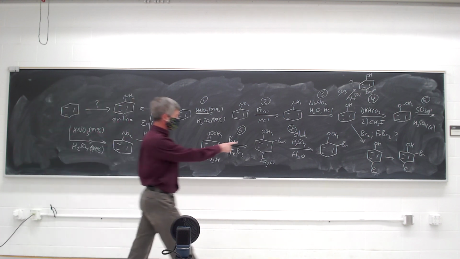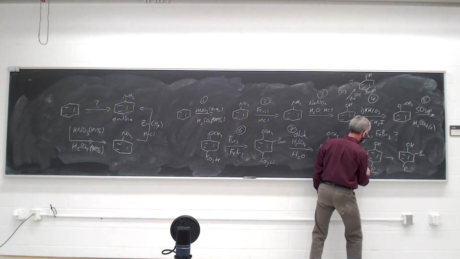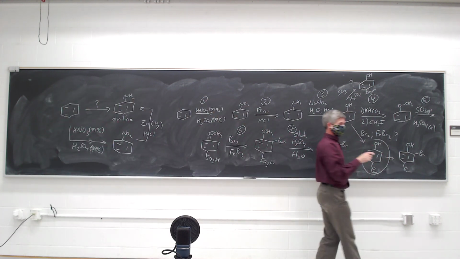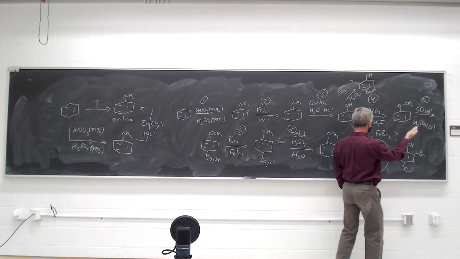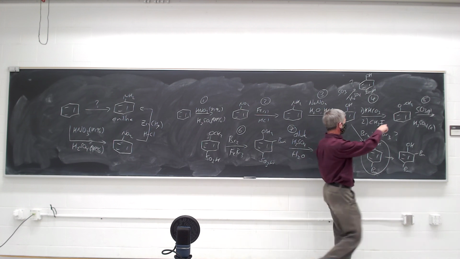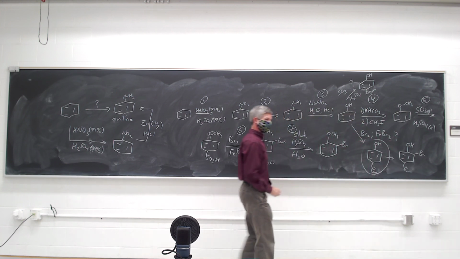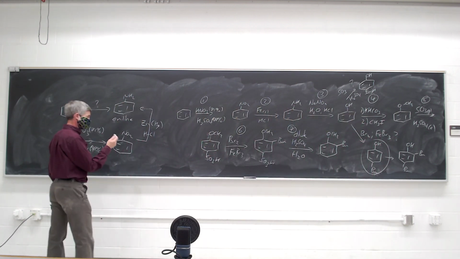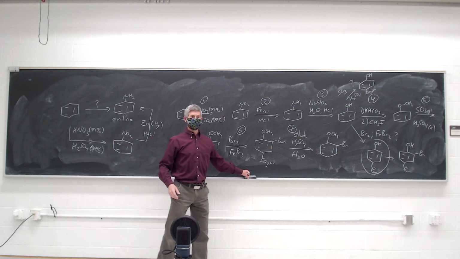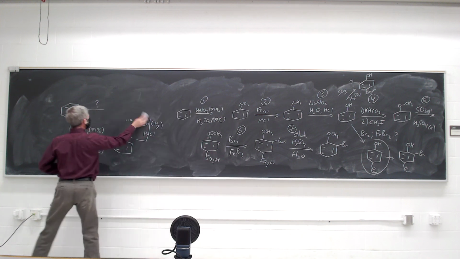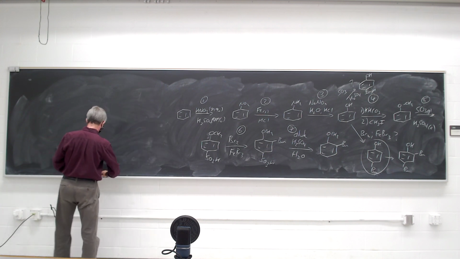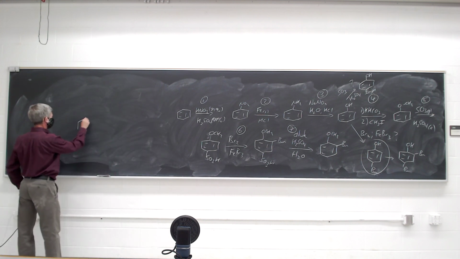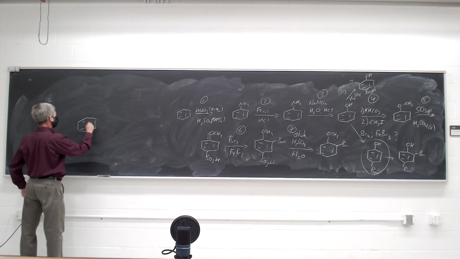So if we wanted to make this product, and we wanted to avoid that, we would in fact protect it as the methoxy group, and then brominate it, and then we would take the methoxy group back off. And if you want to take the methoxy group back off, you use concentrated HI. So that's a way of protecting that group to reduce the reactivity.